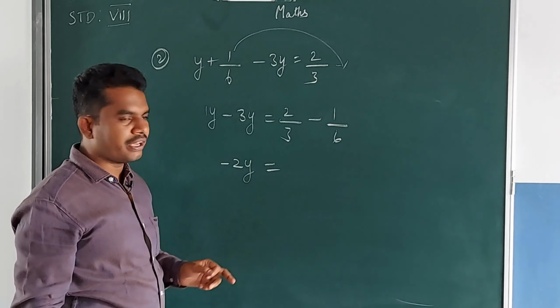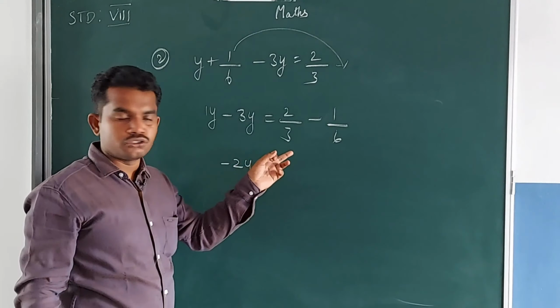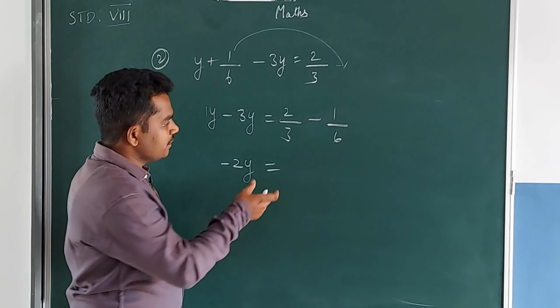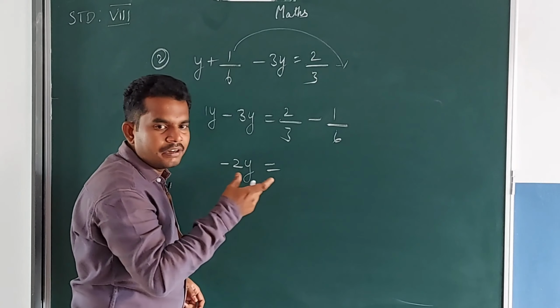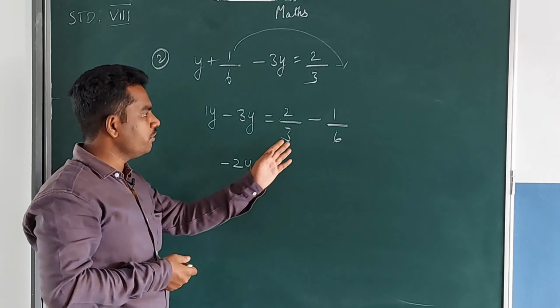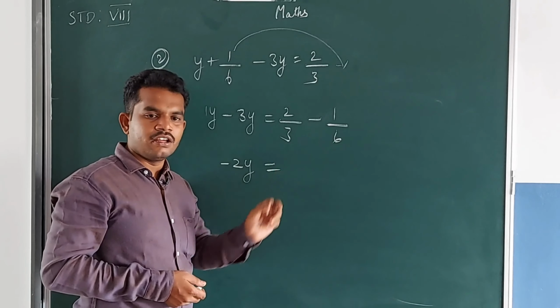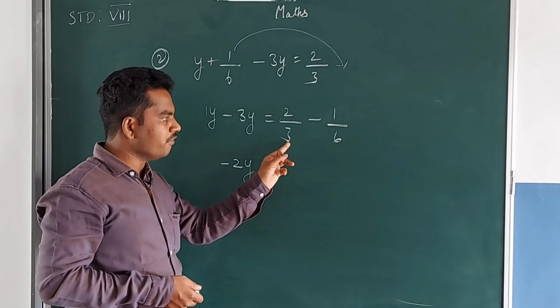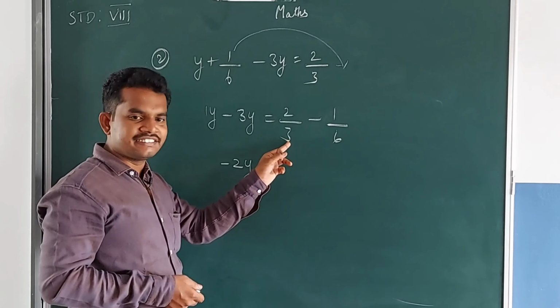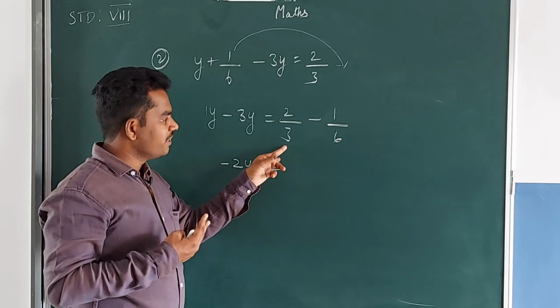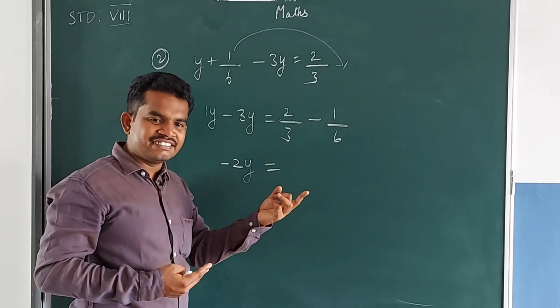Already I told in the lower classes, in the 8th standard also, you should arrange the fractions in a common denominator, then only we subtract the fractions. Here 3 is there, here 6 is there. So which number should be multiplied to get 6 here? 2. The LCM for 3 and 6 is 6.